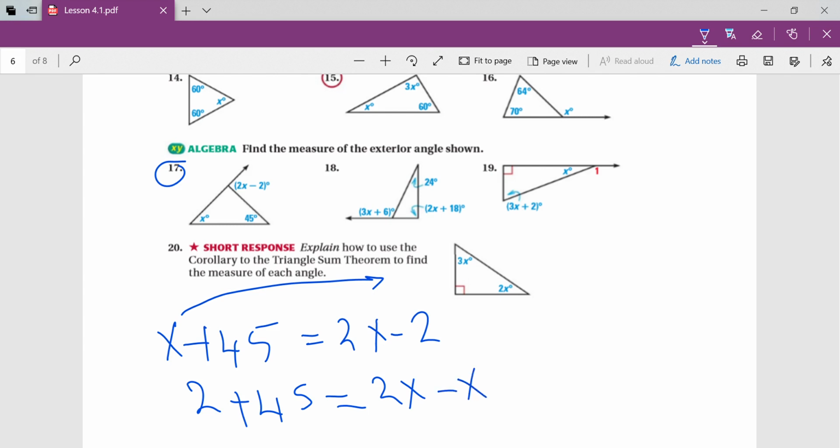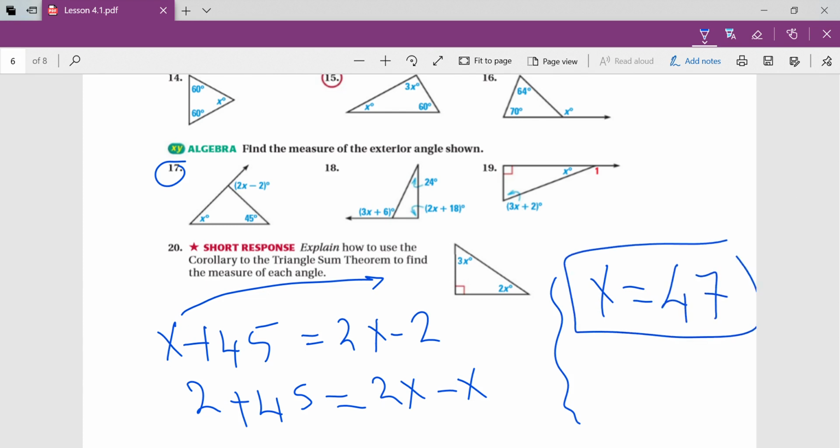In this case, 2x minus x equals x. So x equals 47, and then you plug in the value of x.